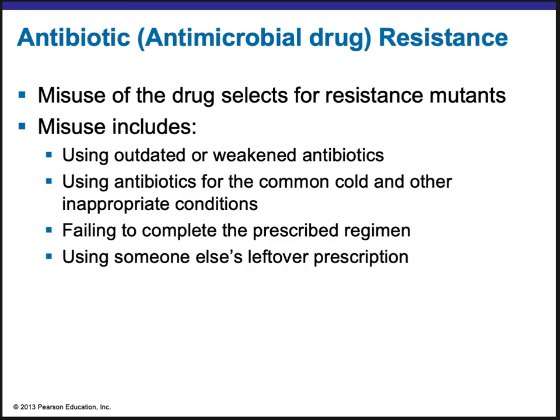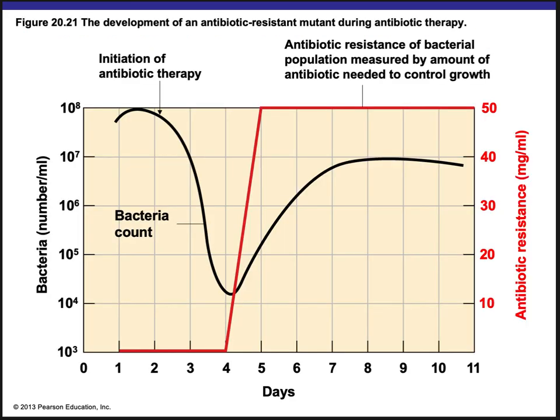Okay. All right. So we see the initiation of antibiotic therapy. You start to rapidly decrease the amount of bacteria in the patient. At about 4 days, you will get the least amount of bacteria in the system. Now, this red line is showing antibiotic resistance of the bacterial population.